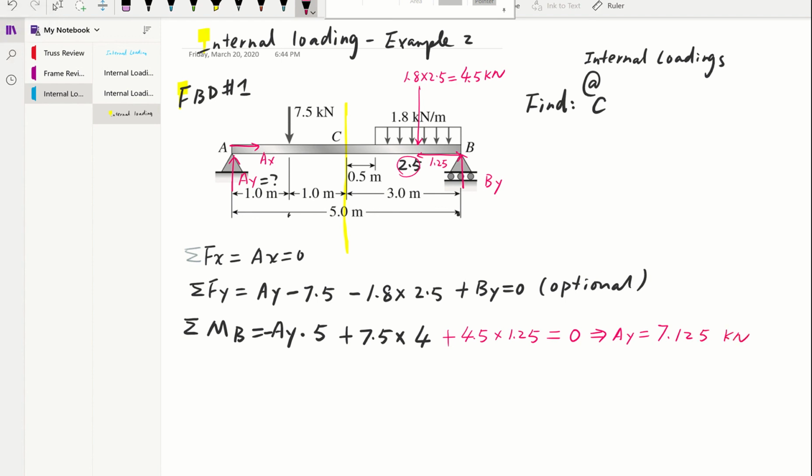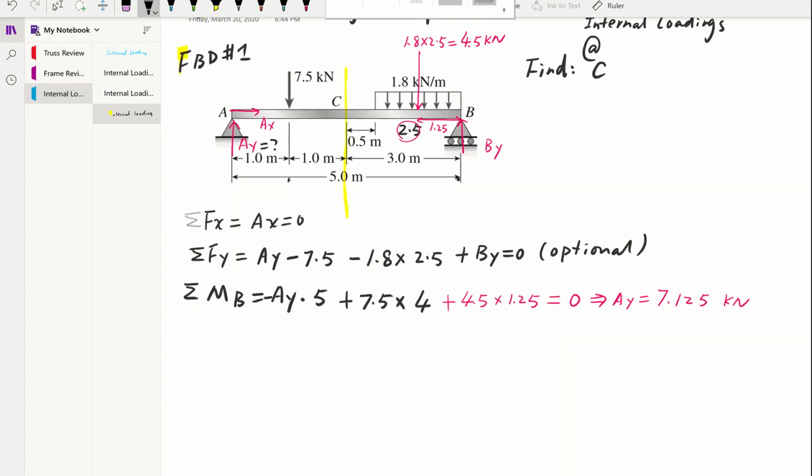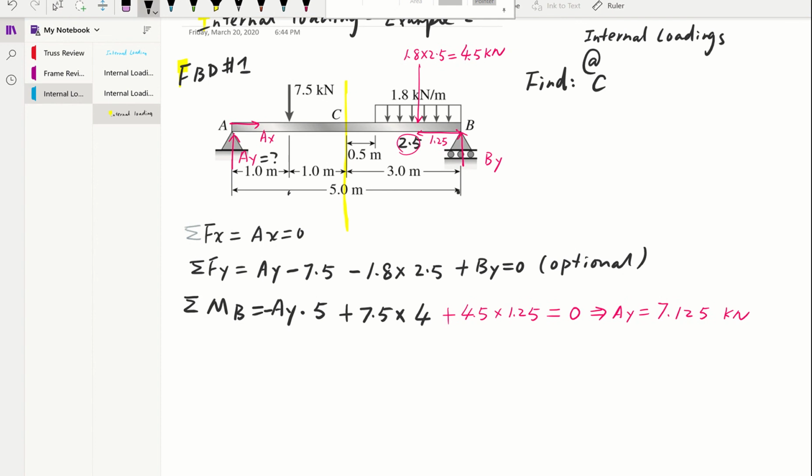Okay. So once I have that, we are going to look at our section, use a method of section to solve the internal loading. So FBD number 2. Like we have brainstormed earlier, we decided to go ahead using the left section here. So in order to do that, our FBD will look like this.